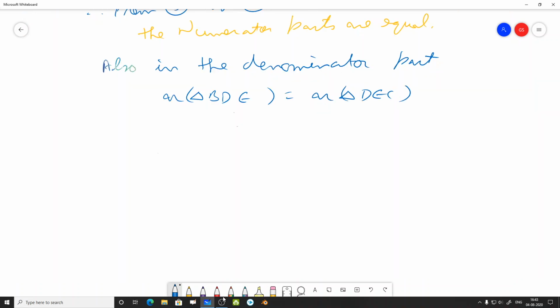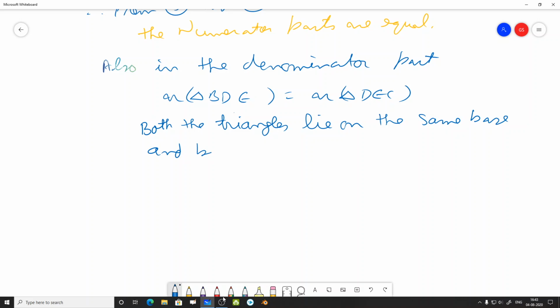Because both the triangles lie on the same base and between the same parallel lines. So this is why their areas will be equal.